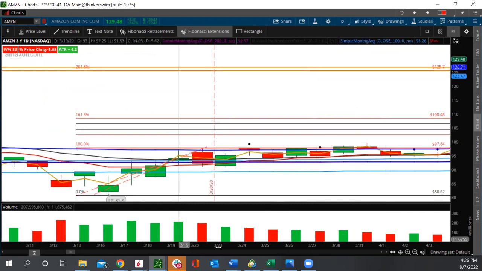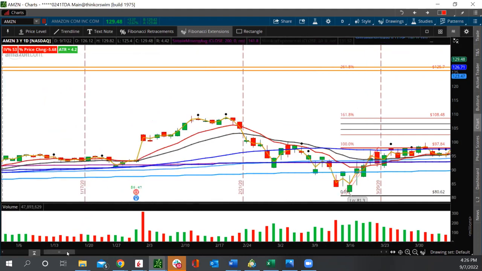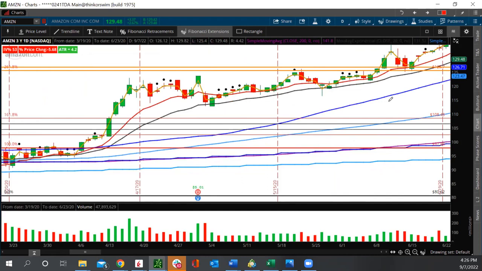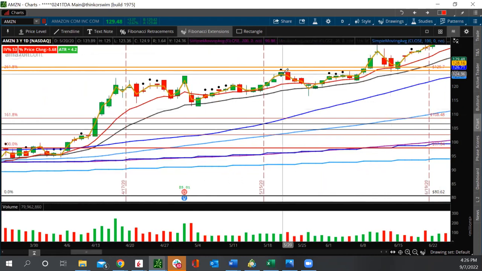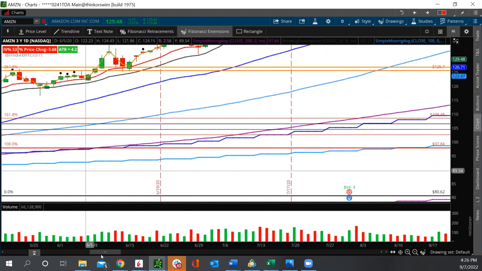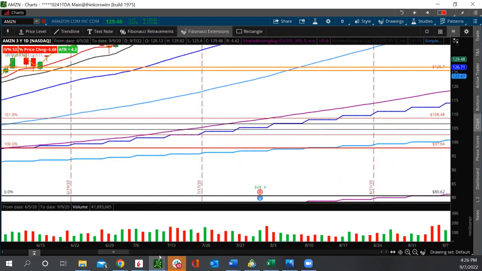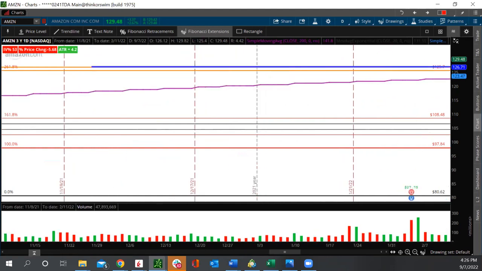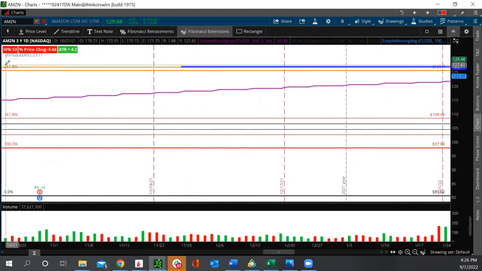And then what I was looking at, when you scroll through here, it was resistance here at the 218, then it became support. And if you scroll all the way over to today's price action, that 261.8 perfectly aligns.